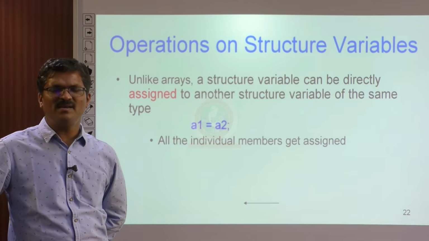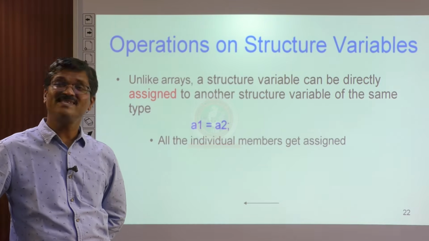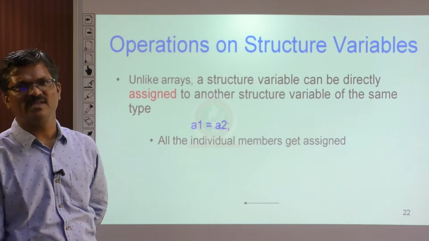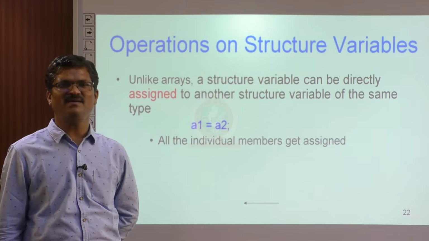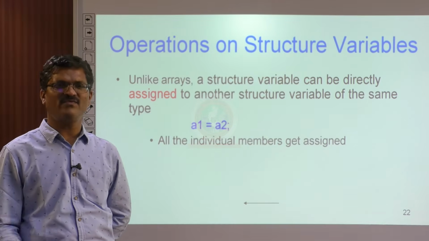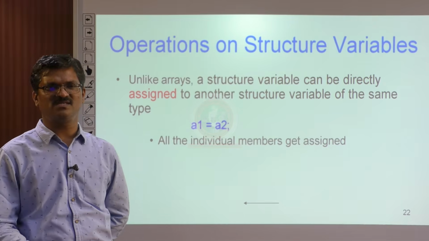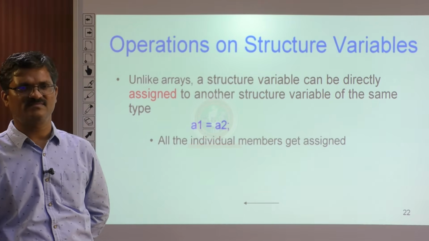A structure variable can be directly assigned to another structure variable of the same type. As an example, if A1 and A2 are two structure variables of similar type, then A1 can take the value of A2 by using this statement, A1 equals A2.